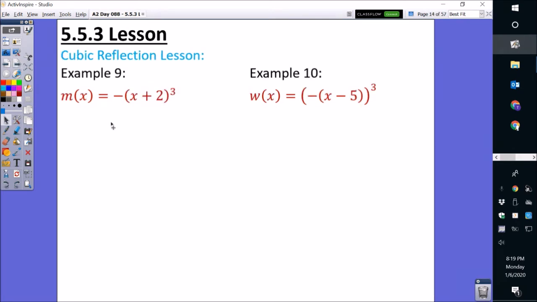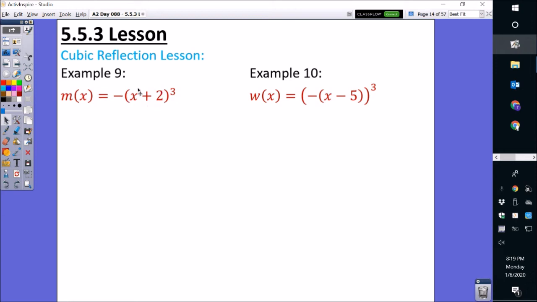So let's take a look at example 9. Example 9 is m of x equals negative cube of x plus 2. So the negative means that it's going to be a reflection. Since it's outside the outer parenthesis in the front, it's going to be reflected across the x-axis.